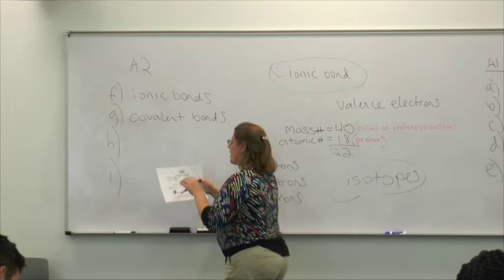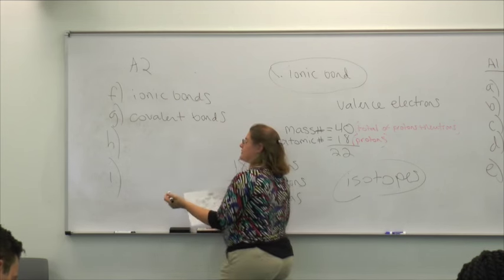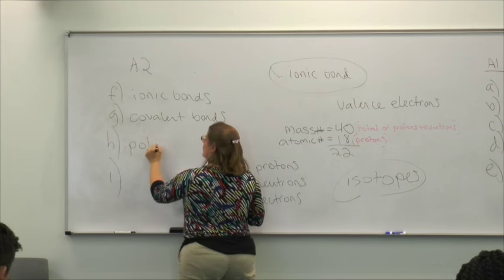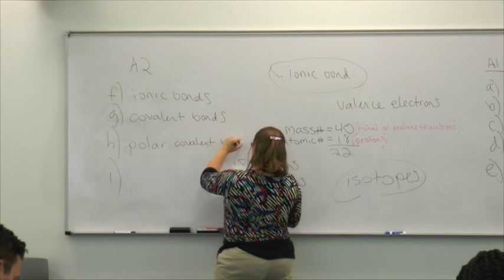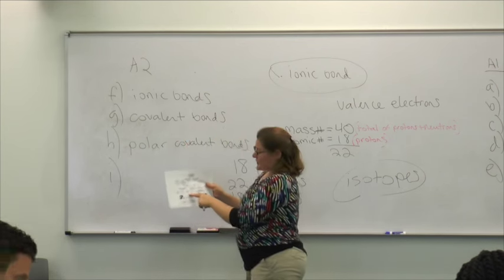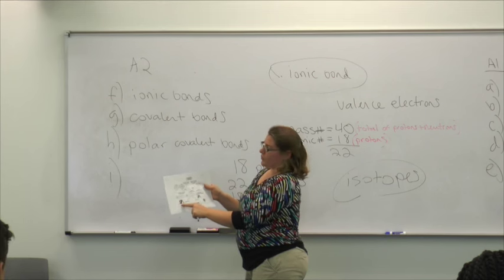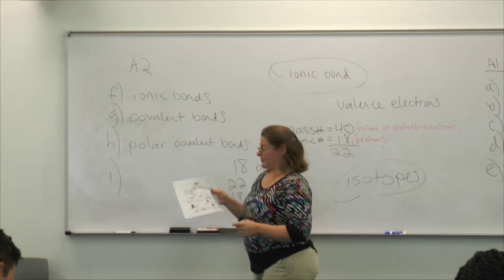So back to covalent bonds. Equal sharing gives you nonpolar bonds, but unequal sharing creates polar covalent bonds, just like in our water molecule. It even tells you the example is water, and there you see your polar covalent bond. One side is more positive than the other, which is more negative.